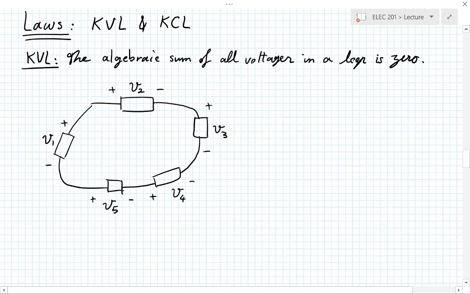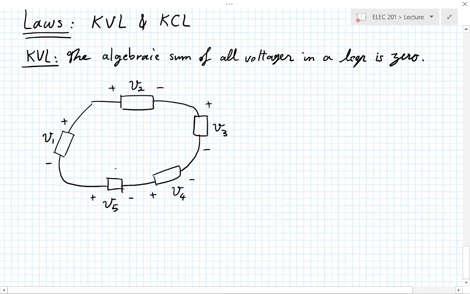How did I choose these directions, these pluses and minuses? Arbitrarily. It's just a convention I set up for myself at the beginning of the problem. But of course, I shouldn't change them halfway through in my solution, right? So it's important to stay consistent. So if I want to go around this loop, start at some point.